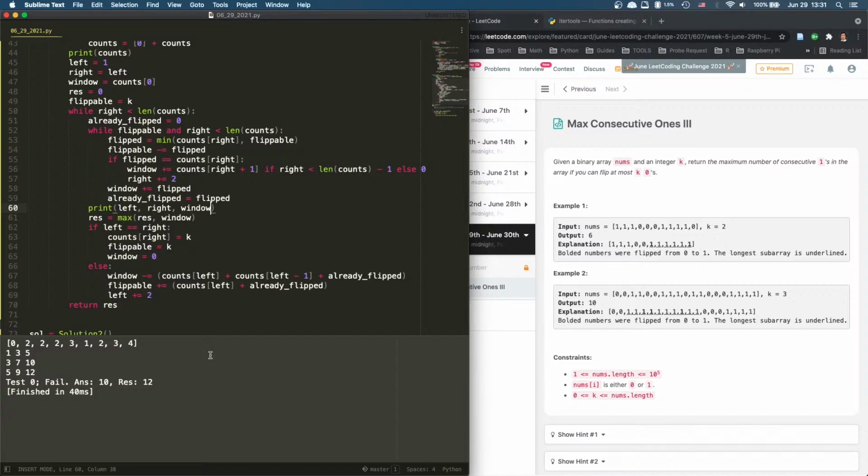Second round, left is 3. Right is 7. Holy moly, how did your right get to 7? This is not right. Because we only have 3.